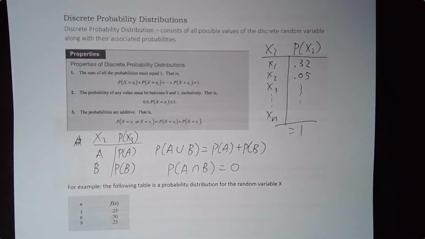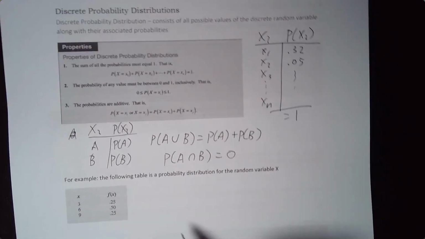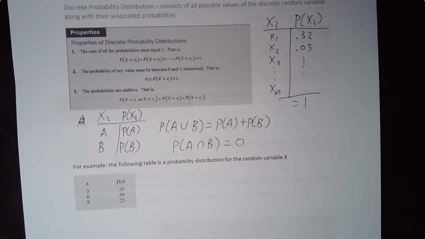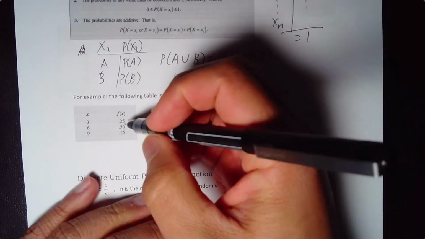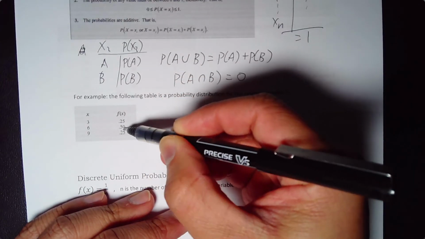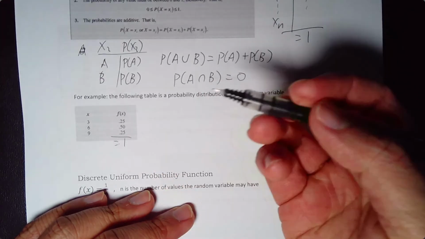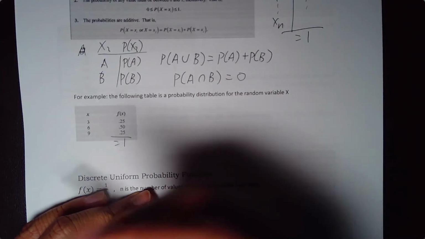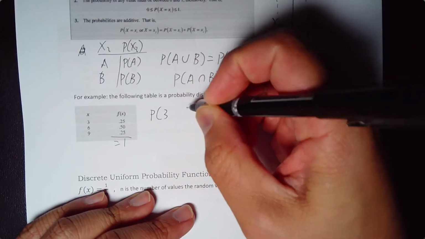For example, let's check. Is this a probability distribution for random variable x? First, each probability is greater than 0 and less than 1, which checks out. Let's add it together, equals 1. That also checks out. Now I want the probability of 3 or 6.